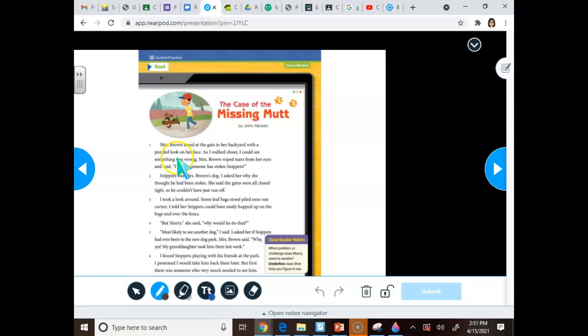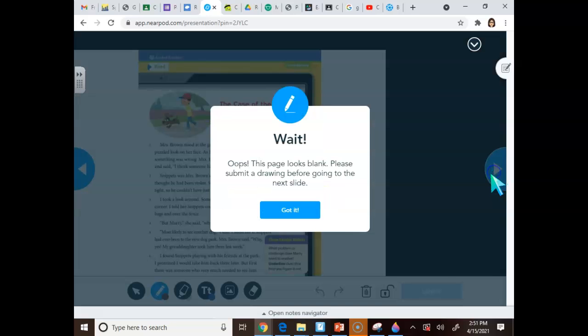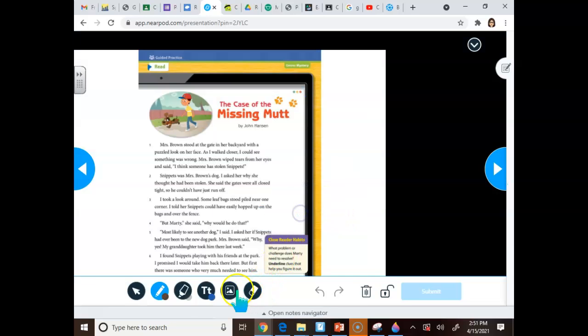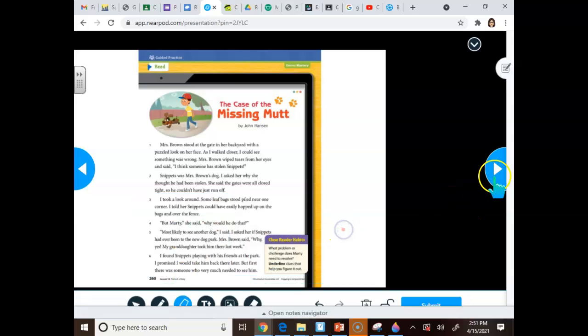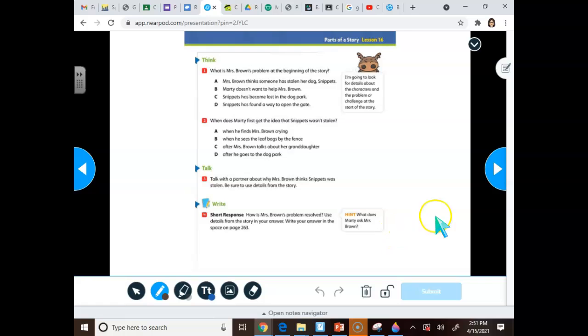All right, so we read about Mrs. Brown's dog, Snippets. And we read about Marty, who was searching. Marty was on the case of the missing mutt. All right, you guys were supposed to answer the questions yesterday. So let's go over the answers today.